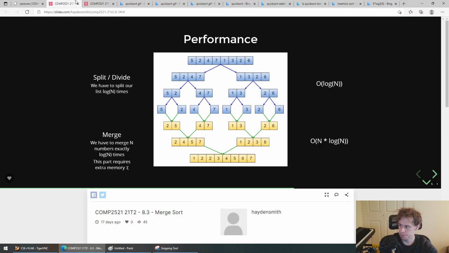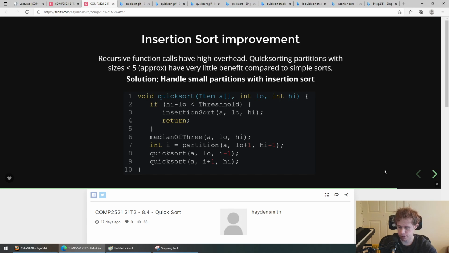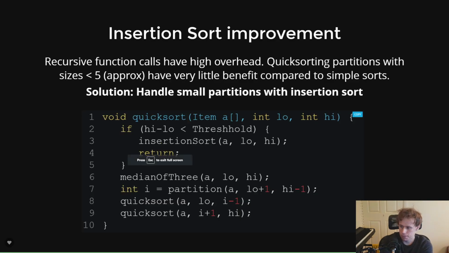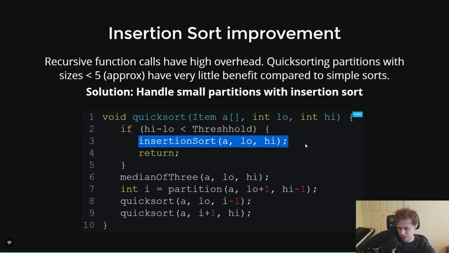So sometimes for speed and to avoid unnecessary recursive function calls, you could actually design a quicksort to say, if we keep partitioning these things down into smaller chunks, and we finally get to a partition that's really small, just do an insertion sort on it. It might even be quicker. It'll take pressure off the recursive call stack, so we're not trying to hold all these recursive calls separately.